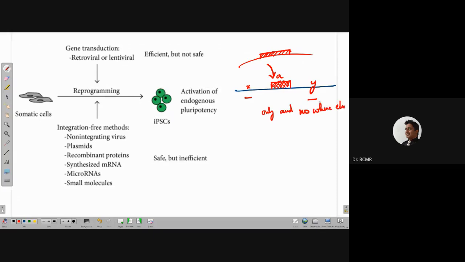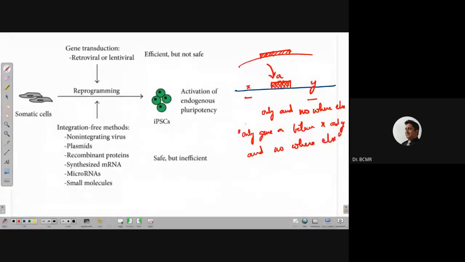That is high definition. I want integration of only gene A between X and Y and nowhere else. That is highly defined, right?